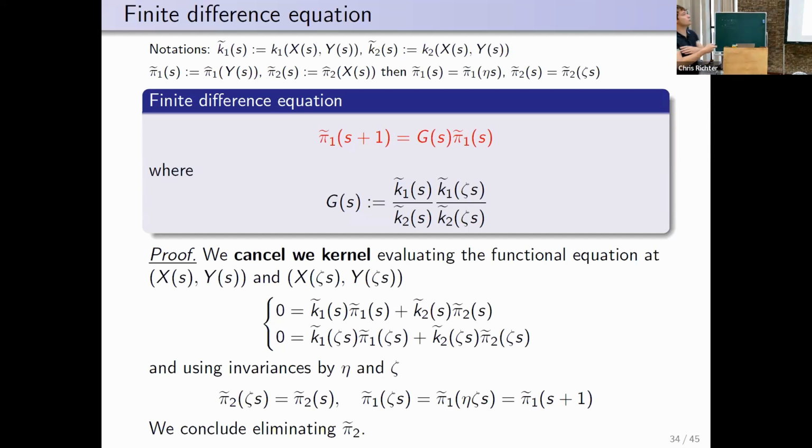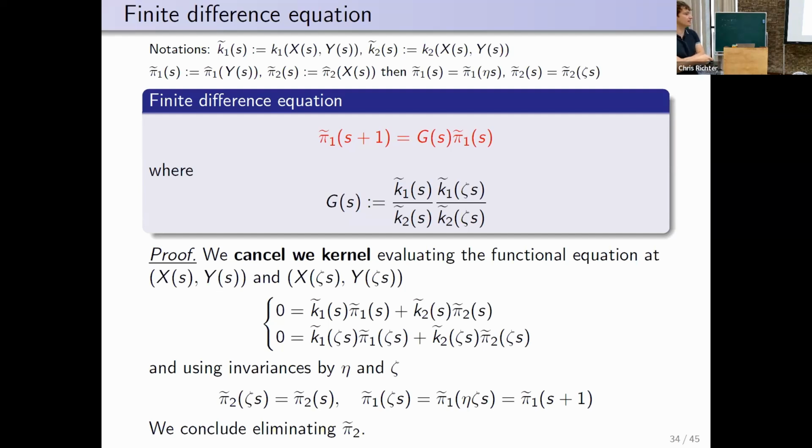So how do you prove this finite difference equation? In fact, we just have to cancel the kernel, evaluating the functional equation at this point. And so you get these 2 points, s and zeta s. So you get 2 equations, one in s and one in zeta s. And now you just have to take care of the invariance by eta and zeta. P2 of zeta s is equal to P2 of s.